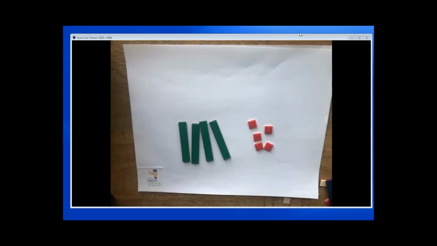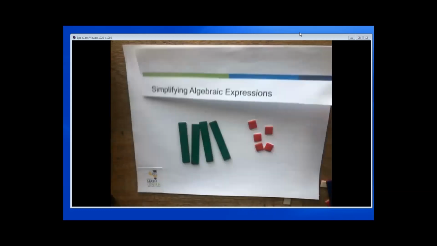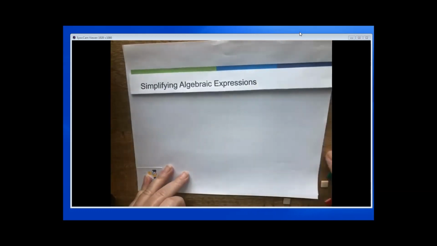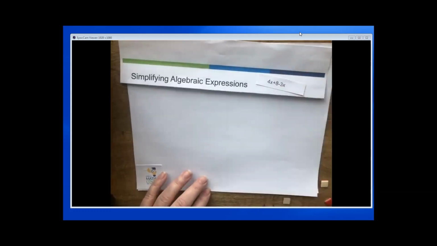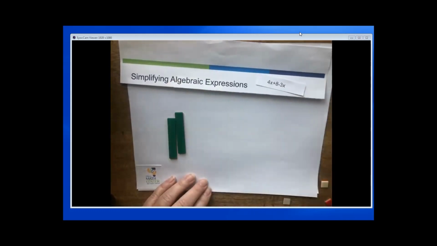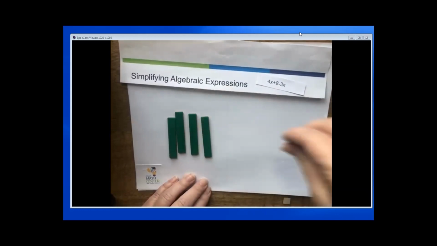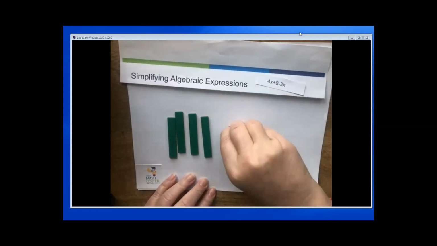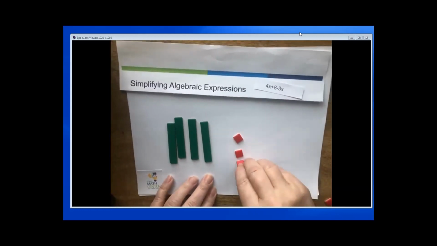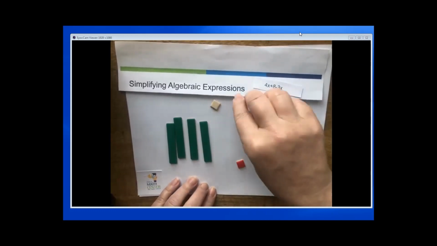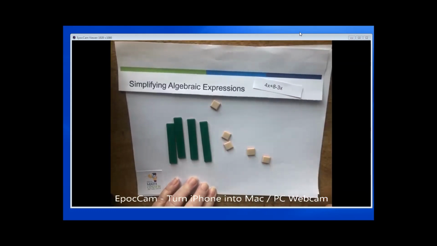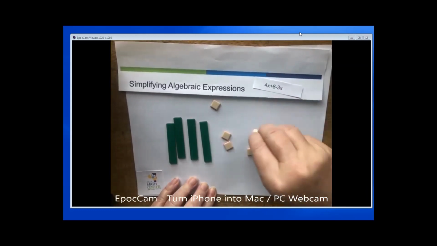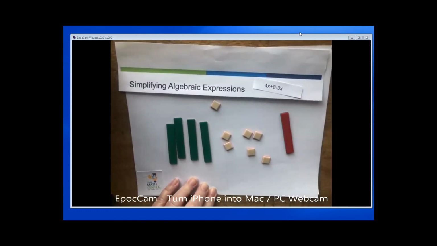We're going to move to simplifying expressions. Let's try this one. So I'm going to build it. 4x plus 8 minus 3x.